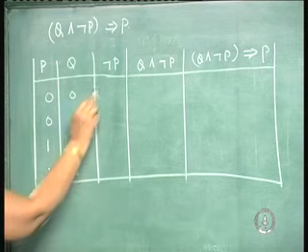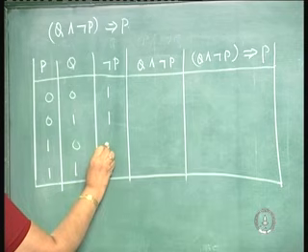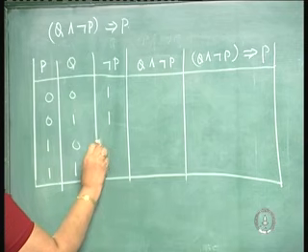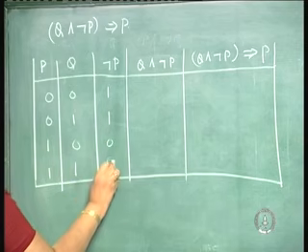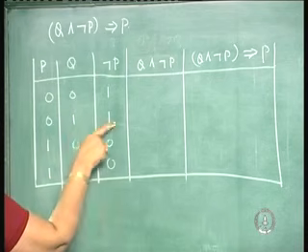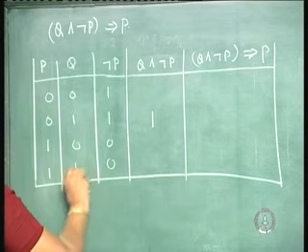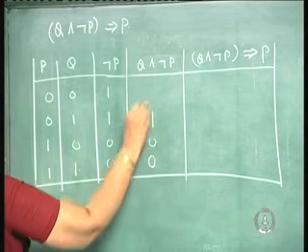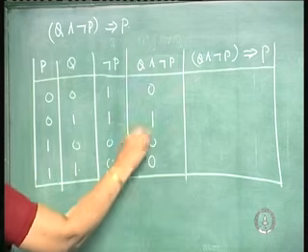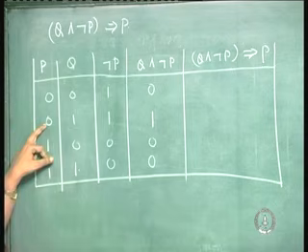Now when is not P true? When P is false, not P is true, and when P is true, not P will be false. And when you AND, when both of them are true, this is true. In other cases, it will be false. Now this is the premise and this is the consequence.